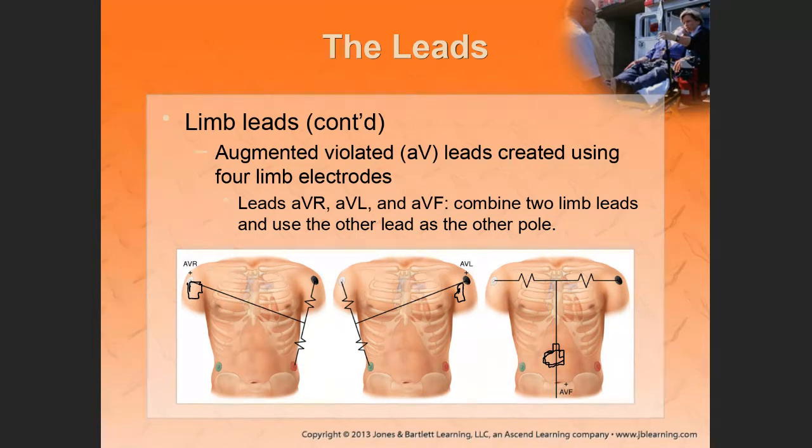Now, let's see if you can answer this question. So let's see if you're paying attention. So the first thing I want you to answer is, if I am doing cardiac monitoring for a patient, how many electrodes would I be using typically?